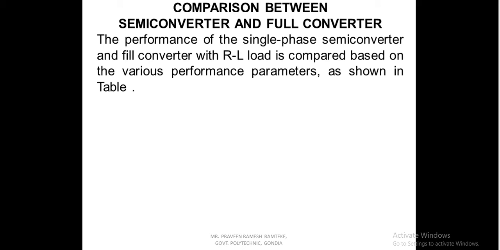Now we will see the comparison between the semiconverters and the full converters. The performance of the single phase semiconverter and full converter with RL load is compared, based on the various performance parameters, as shown in the following table.